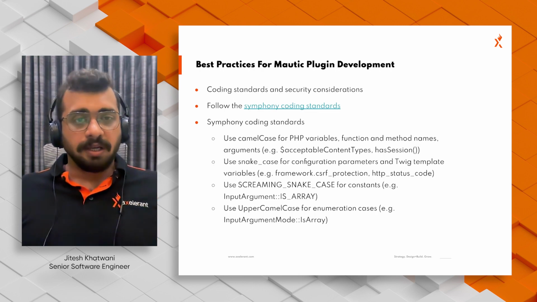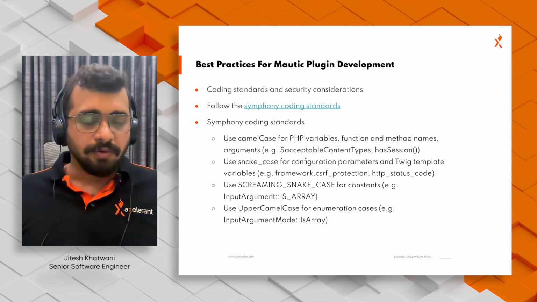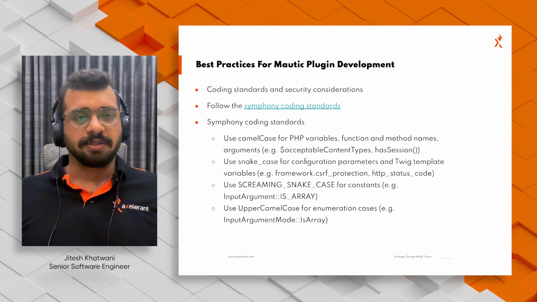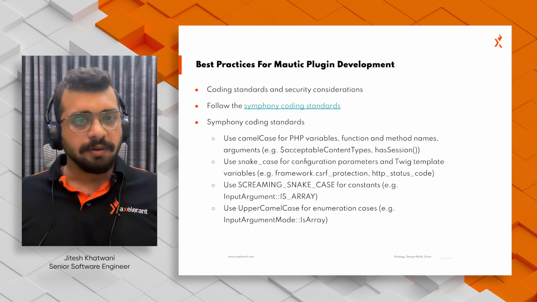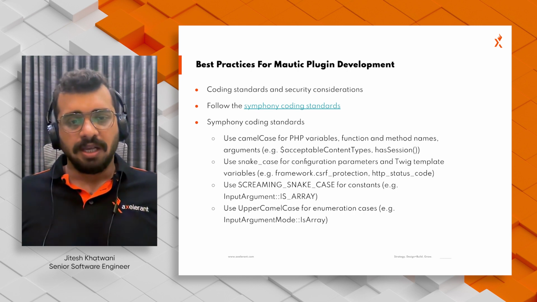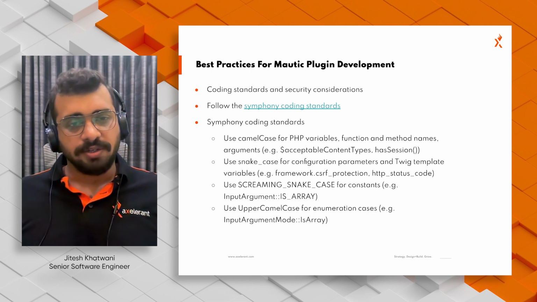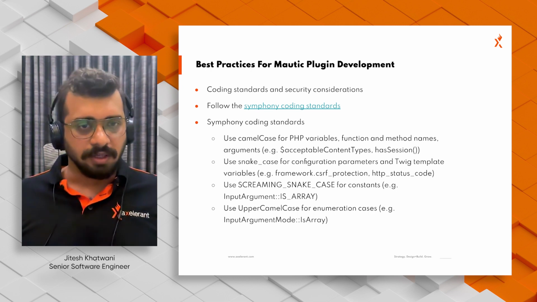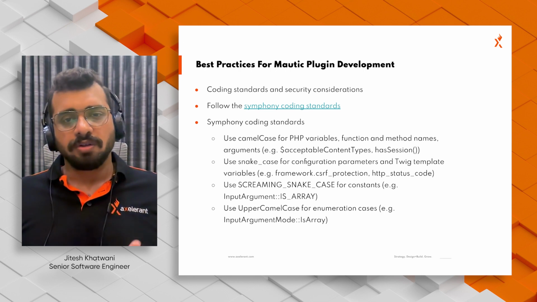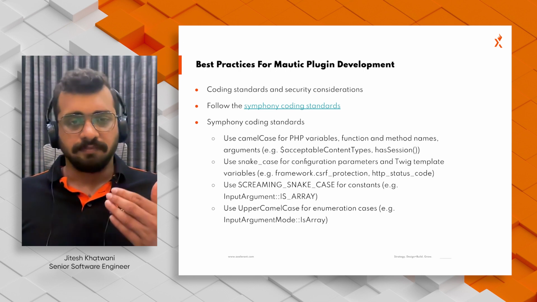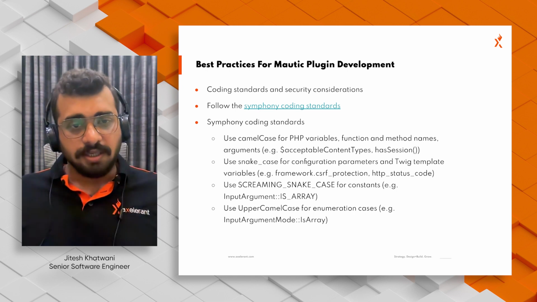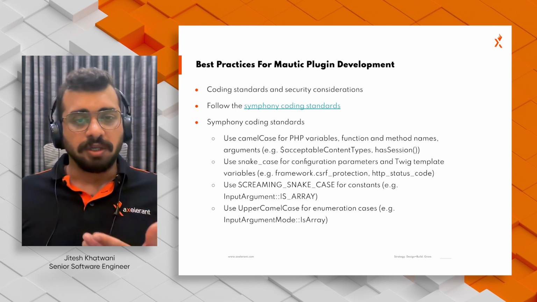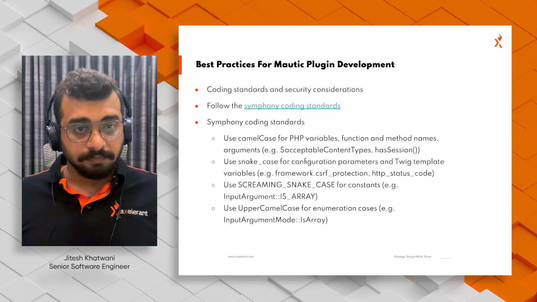Now, to build a plugin, you also need to make sure that you are following the coding standards, because this will help make your plugin very secure, and it will be written in a similar fashion to how everybody writes custom plugins. So you need to follow the coding standards of Symfony, which are inherited by Mautic. Some of the coding standards are: use lower case for PHP variables.